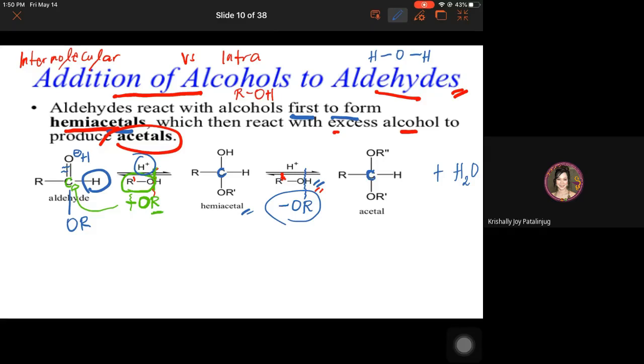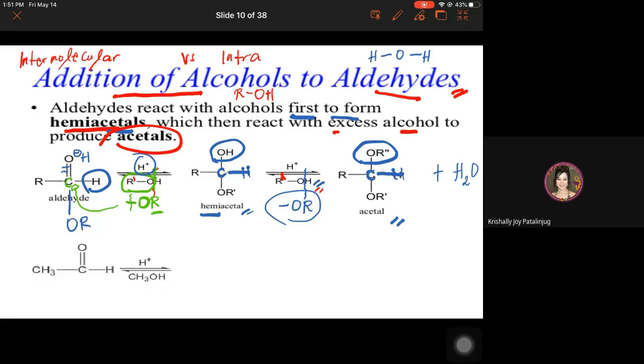In the hemiacetal there is an OH. As a mnemonic, hemi starts with the letter H, so if there is an OH, it is still hemi. If the OH is already replaced by an OR, it becomes an acetal. But take note, hemiacetal and acetal both have a terminal hydrogen. That is the fourth bonding group. Okay? That's for aldehydes.